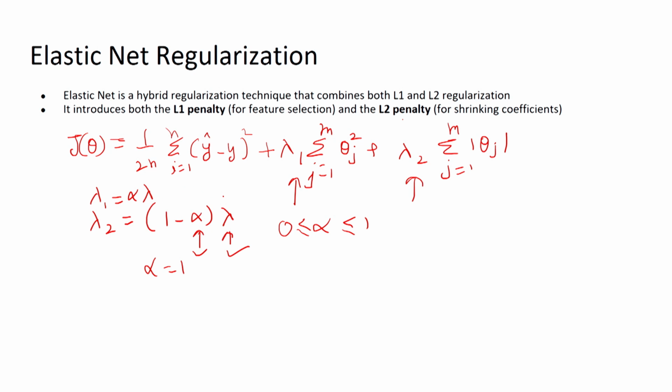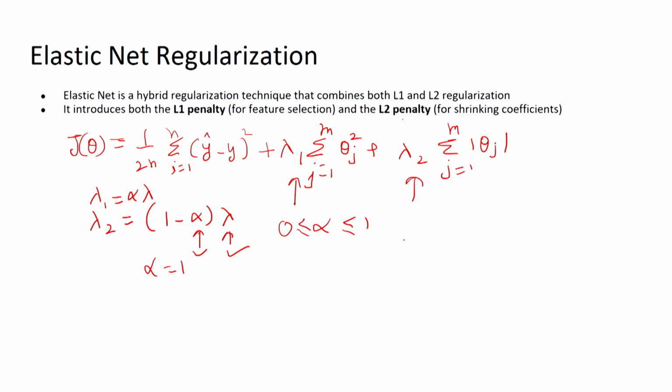Now, what is lambda? Lambda 1 is alpha lambda, and lambda 2 is 1 minus alpha lambda. So alpha is deciding which regularization you are giving more weightage, and lambda is giving overall weight to the regularization. How much regularization you need, based on that you will keep the value of lambda.